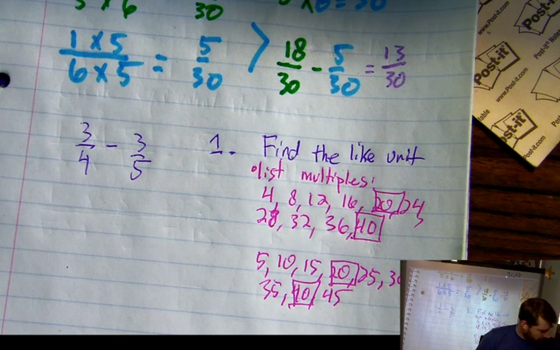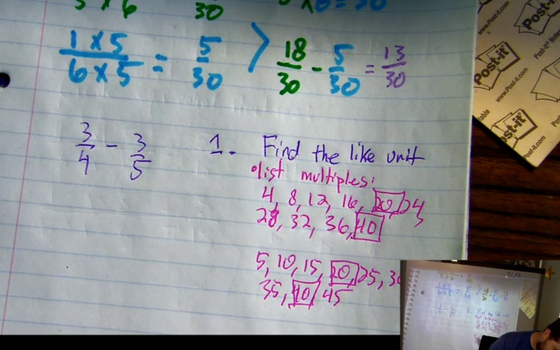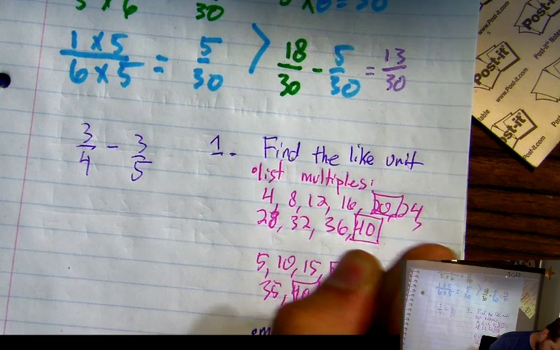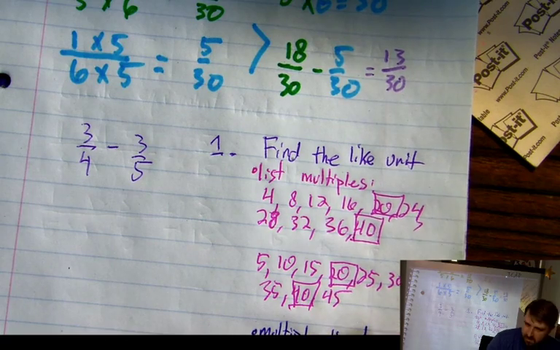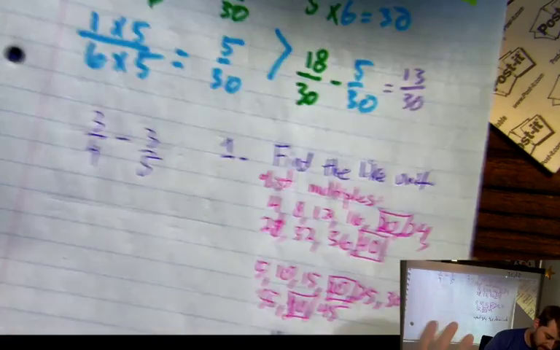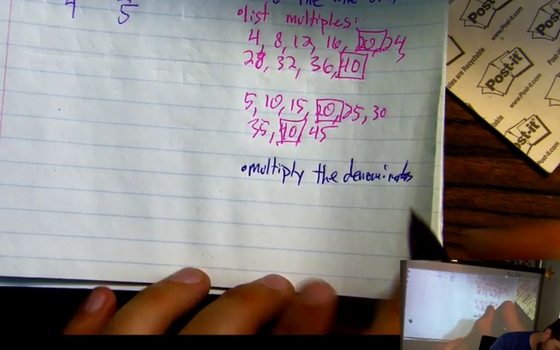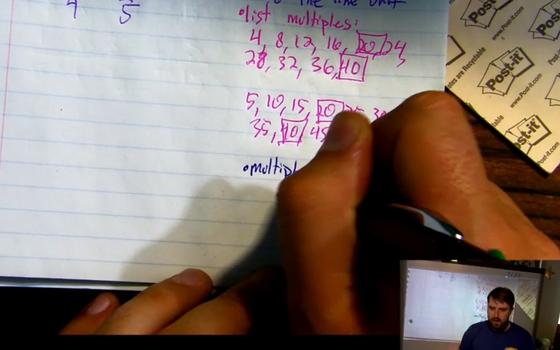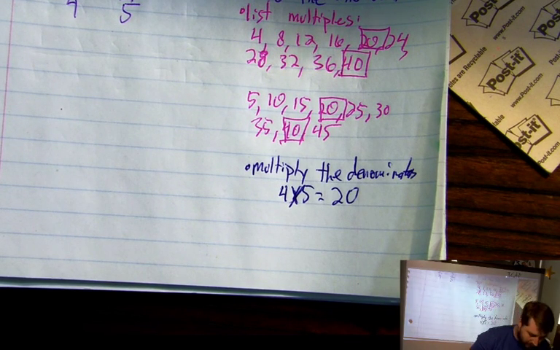The other way we can find our like unit, our common denominator, is to multiply the denominators. That is 4 times 5 equals 20. So at this point, we found our like unit, our common denominator, the denominator of what our fractions will need to be.